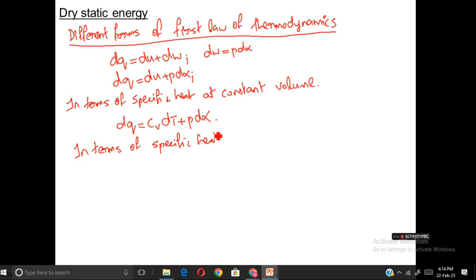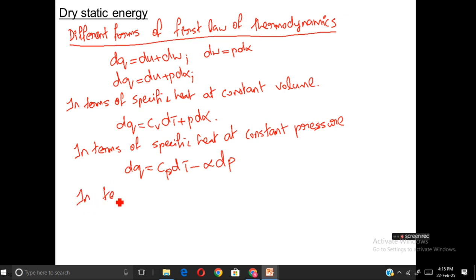Specific heat at constant pressure can be written as dQ is equal to Cp dT minus α dP.